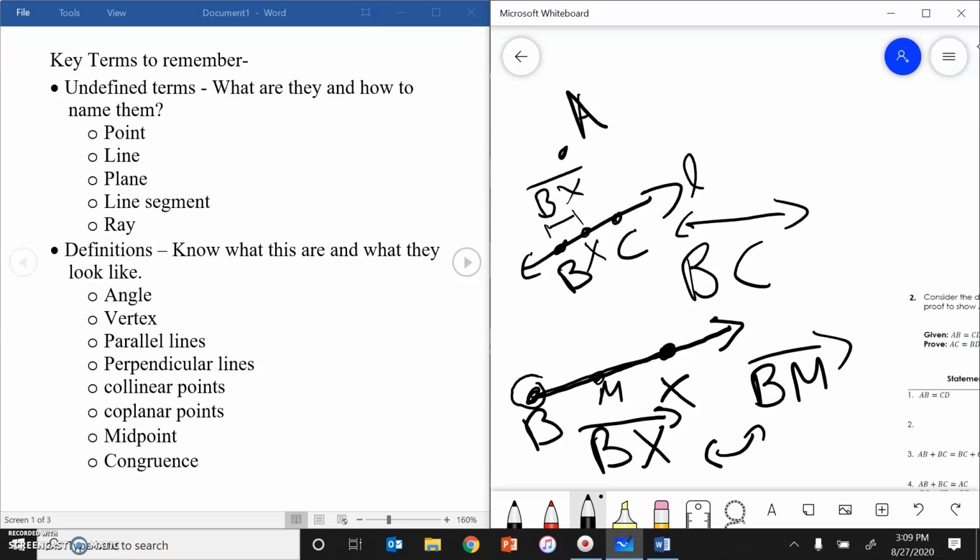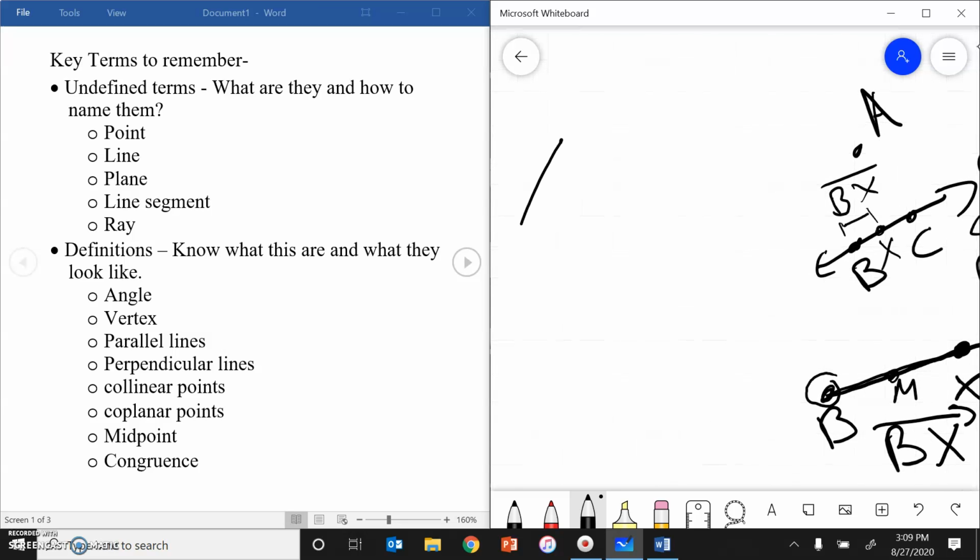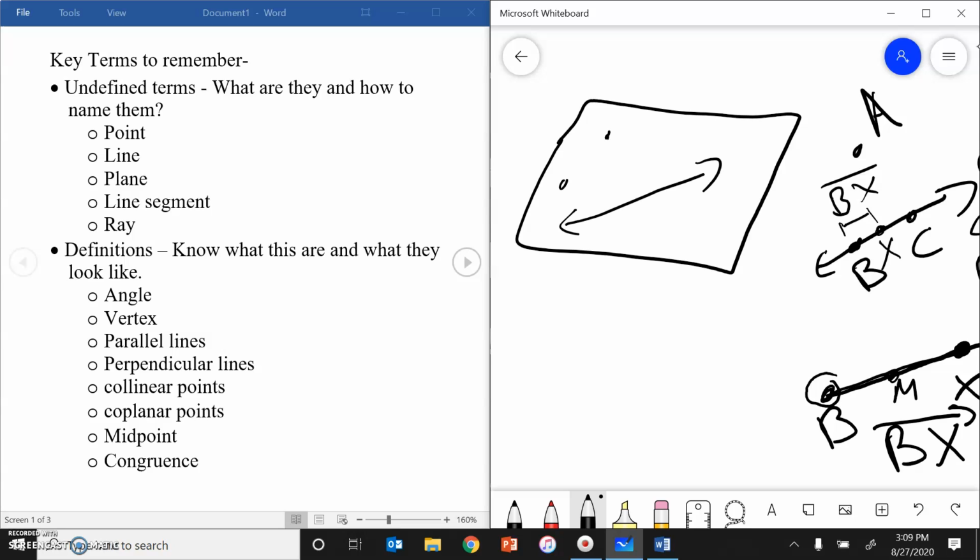Okay? And then a plane is just a flat surface. It'll look like something like that. And it has a bunch of points, a bunch of lines. And you can name it by three non-collinear points on the plane, or by a single capital letter that's not attached to a point.